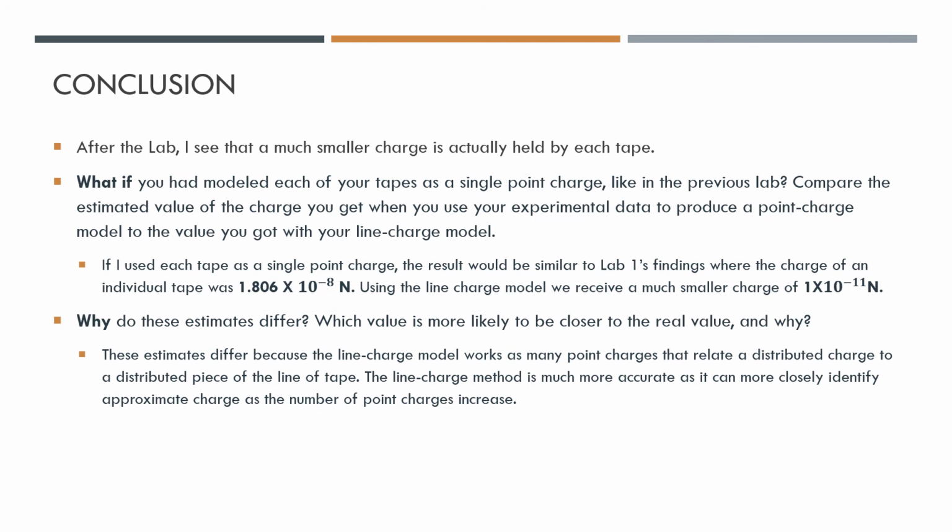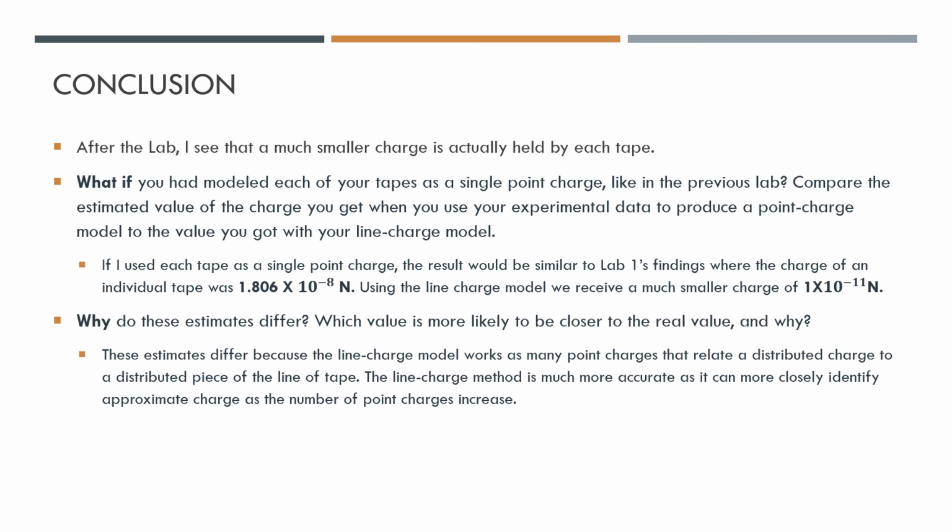Had I used a single point charge, the result would have been very similar to Lab 1's findings, where we found a charge of 1.806 times 10 to the negative 8 coulombs for a single piece of tape. Using this second model, I found the charge of each piece of tape to be 1 times 10 to the negative 11, which is about 3 magnitudes smaller.